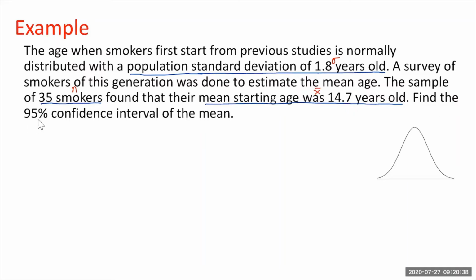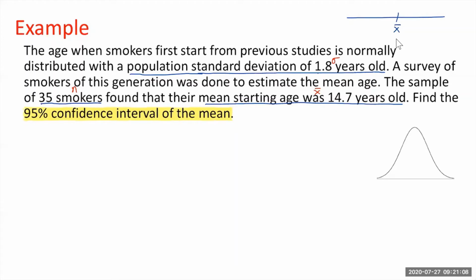We have to find the 95% confidence interval for the mean. If I want to find the confidence interval, I need the X bar in the middle, which is called the point estimate.